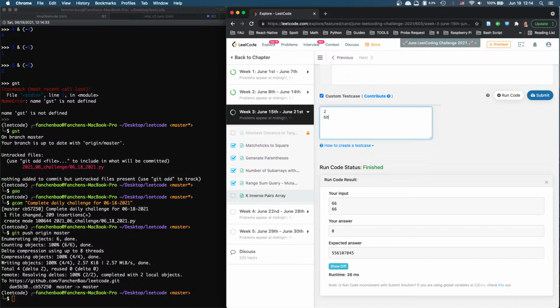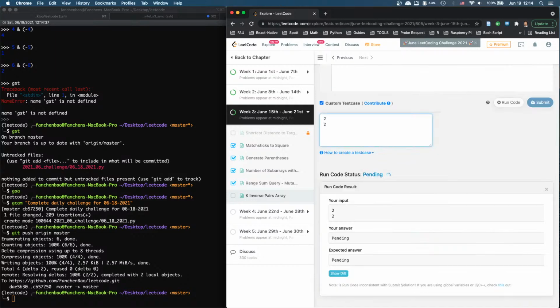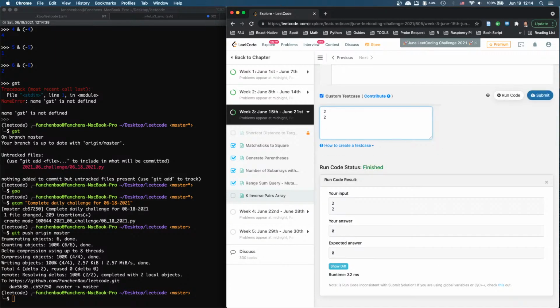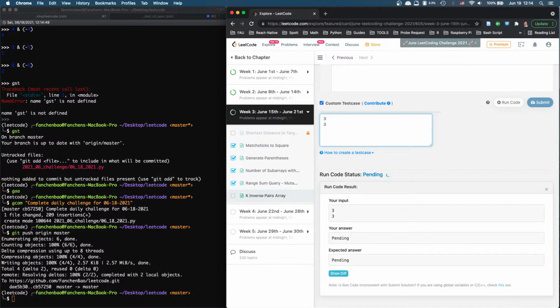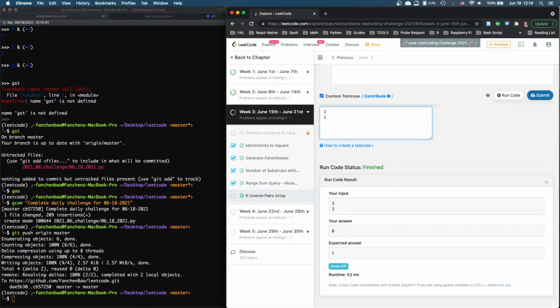Hold on. That's 0, right? So I have 2 pairs. That's 0. But 3 with 3 pairs, don't tell me that's not 0. Oh, that is not 0. So we have to compute it actually.